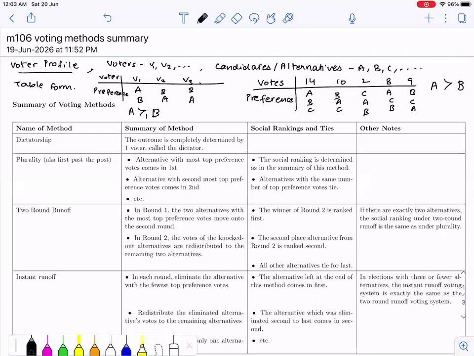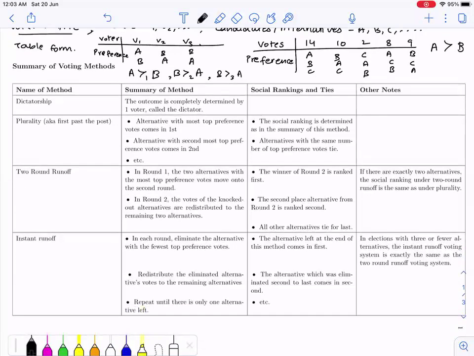So since voter 1 prefers A over B in this example, we write A greater than B with subscript 1. Similarly, we have B greater than A for voter 2 and B greater than A for voter 3.